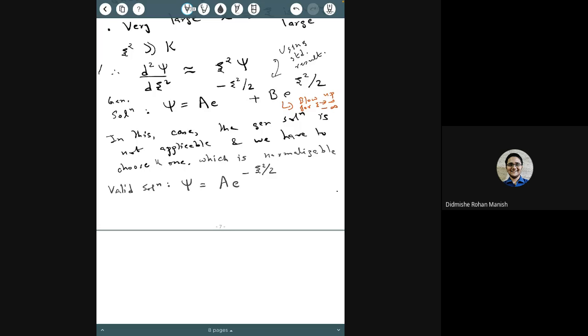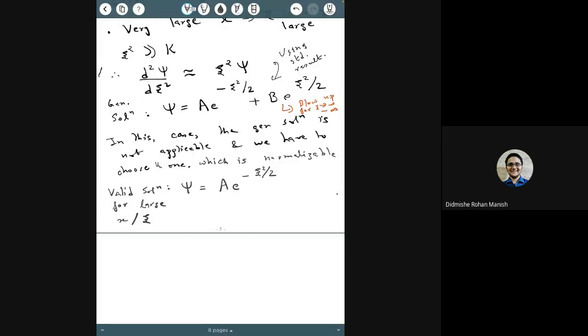But this is then the solution for large x or xi. This is only a limiting solution. It's not the solution over the entire range of x. So what we have got is the asymptotic function. Okay. Now then, from this asymptotic function, we make a guess about the general function.